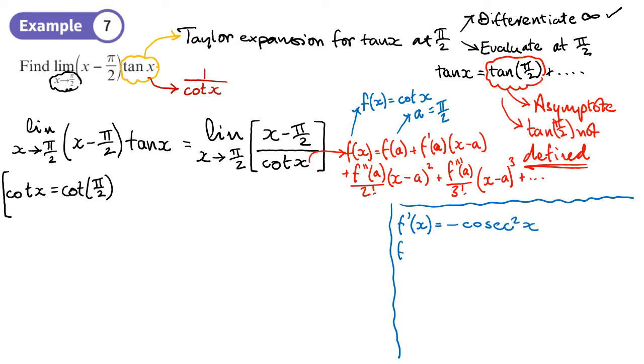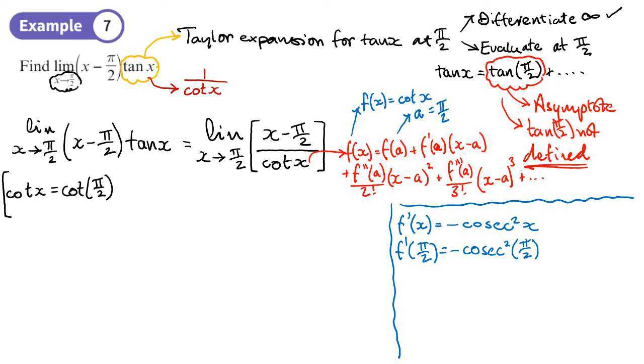So now we need to evaluate that at pi over 2. That's like f dash of a. So that's going to be negative cosec squared pi over 2.